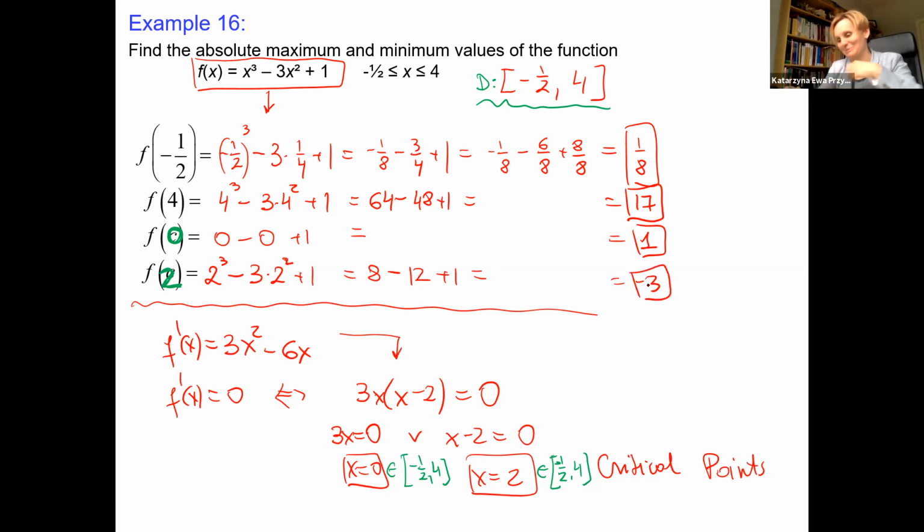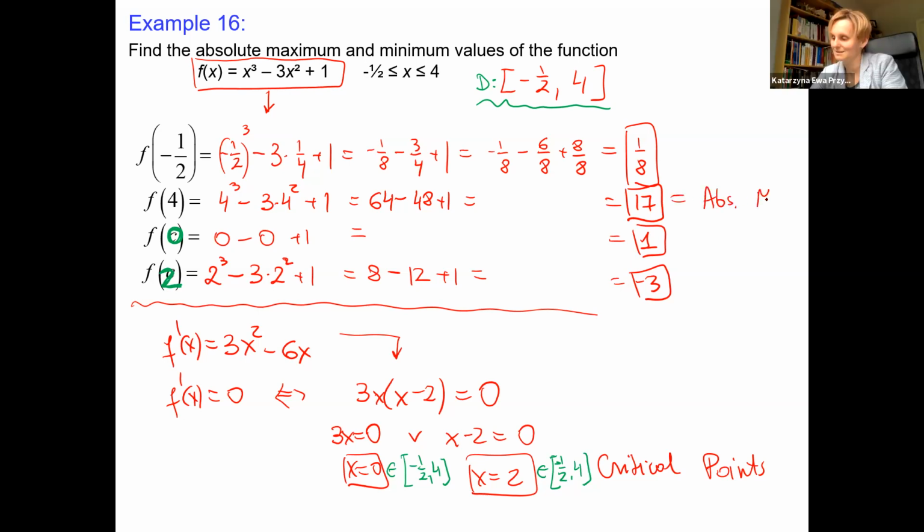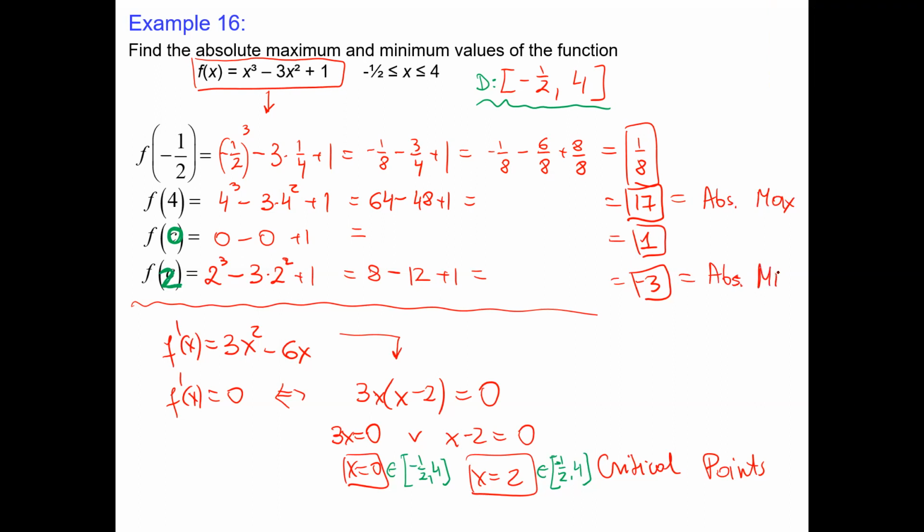Please correct me if I am wrong. Doing arithmetic in public is the most difficult part. Which one is the absolute highest value? 17, yes, of course. Absolute max. And negative 3 is the absolute minimum. That we can see.